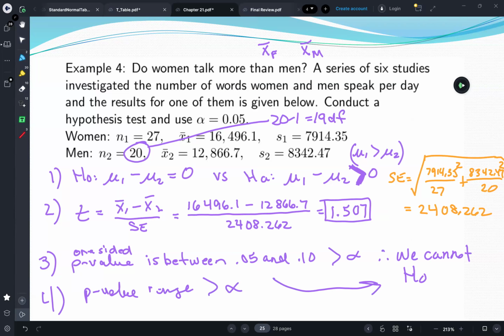And we conclude that there is no difference, statistically speaking, maybe practical difference, but statistically there's no difference, at least with these data. Remember, this was a series of 6, and I think the textbook shows all the different studies. So with this data, there's no difference between the two.